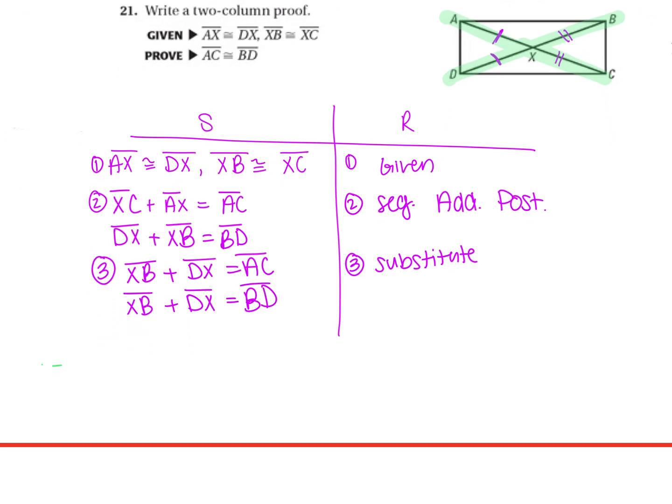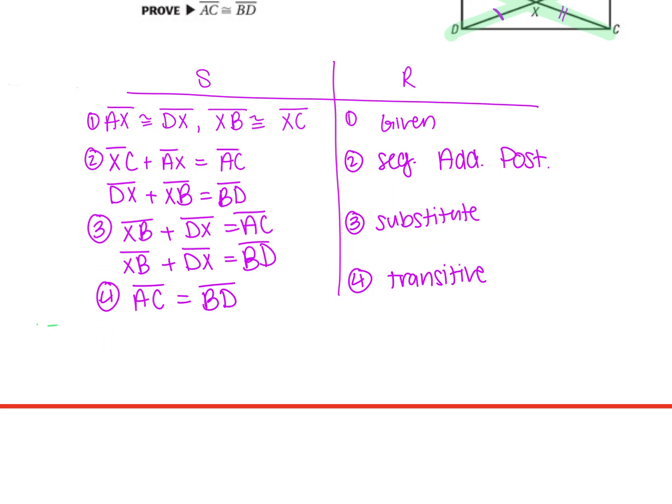Then for step 4, I can use transitive, and I have AC equals BD. In the end, I have to make it congruent: AC is congruent to BD, and that's the definition of congruent segments.